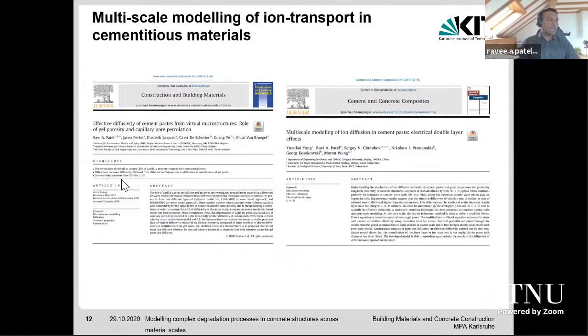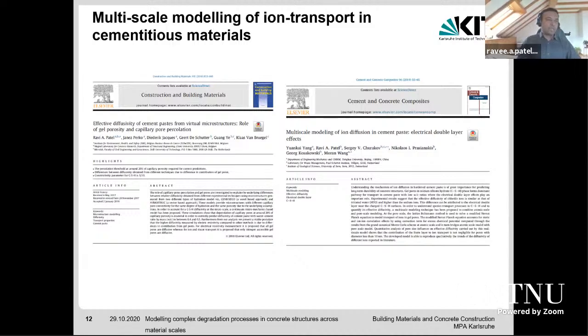There are two key papers on this topic which I have published. The first paper deals with understanding the role of different porosities in cement material, that is the nanoscale porosity and the porosity at the microscale, where the nanoscale effects become redundant, and how they interplay. And the second paper deals with charged ion transport processes.